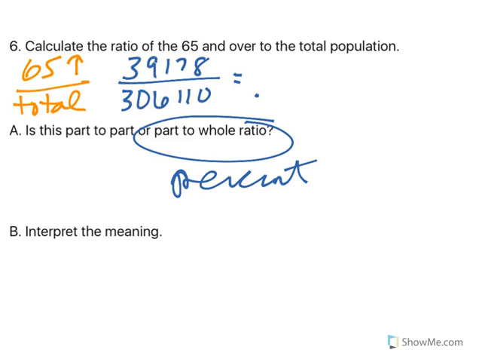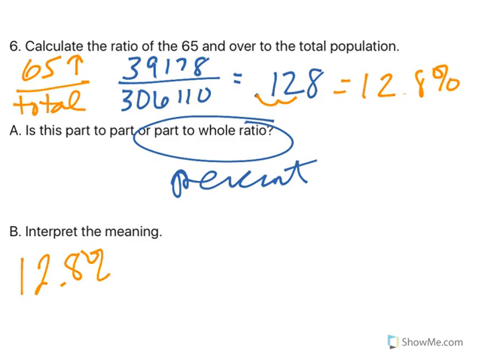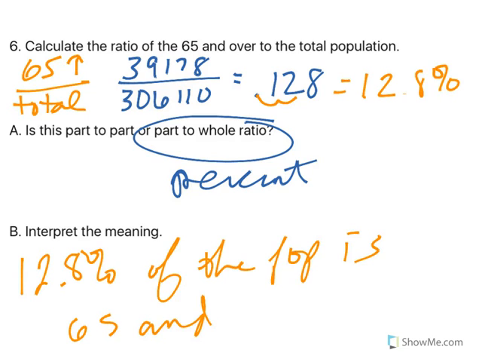I changed that to a decimal, 0.128. I did that by dividing, top divided by bottom. I moved my decimal 2 places, and I have 12.8%. So when I interpret the meaning, 12.8% of the population is 65 and over. I love part-to-whole ratios. I think they're very easy to play with.